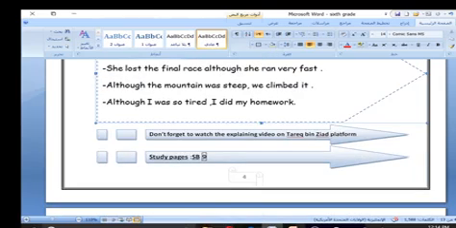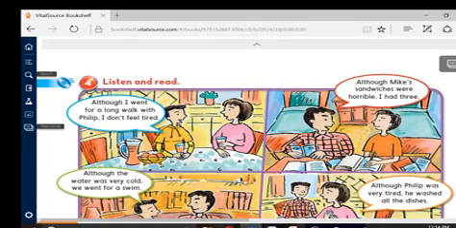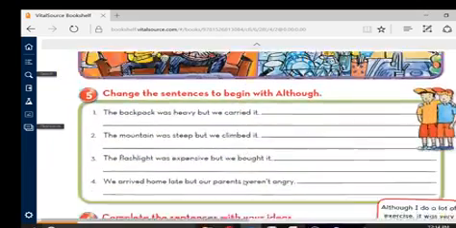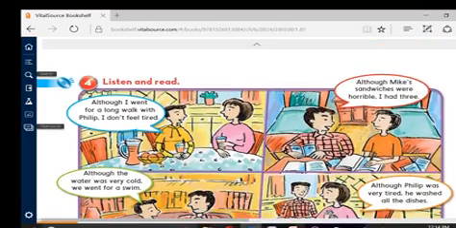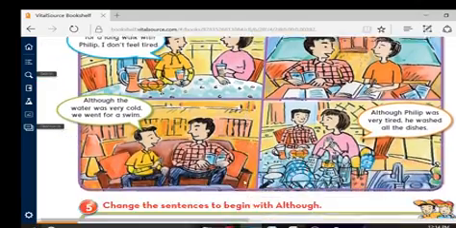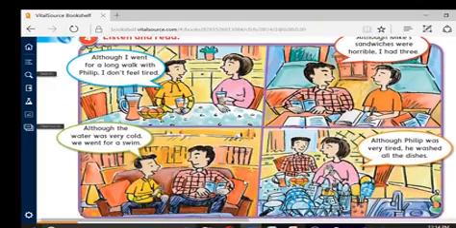Now we are going to do exercises on page 9, okay? Number 4, listen and read. Look here, we have 4 pictures, okay? We have here a family.